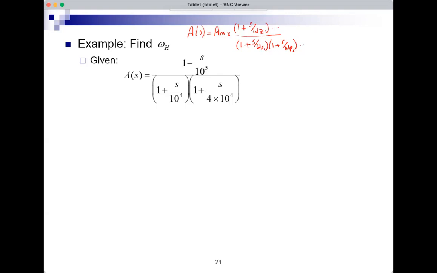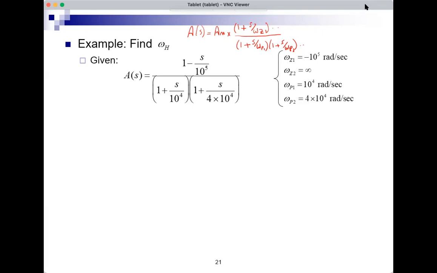And also that omega z1 is minus 10 to the 5 radians per second, and that omega p1 and omega p2 are 10 to the 4 and 4 times 10 to the 4, also in radians per second. So these are the zeros and the poles for this gain function, and we want to find omega h.